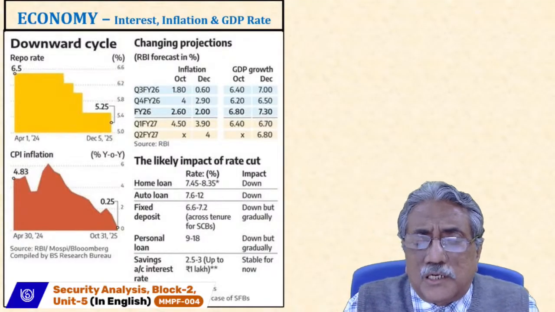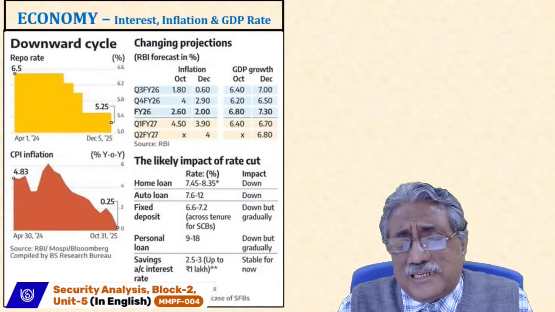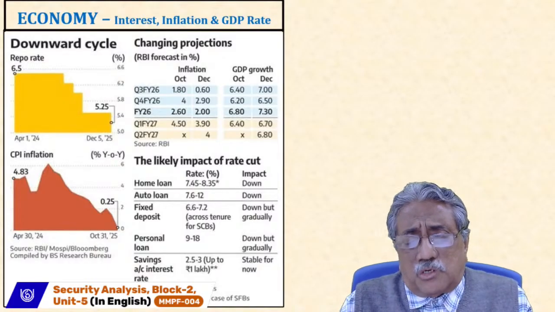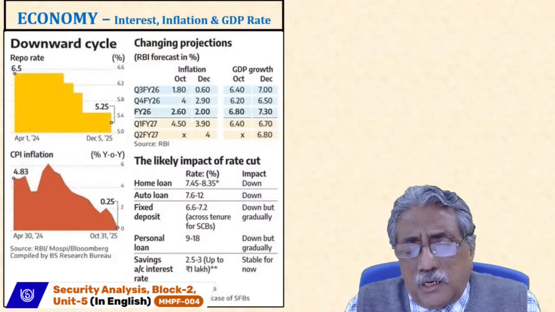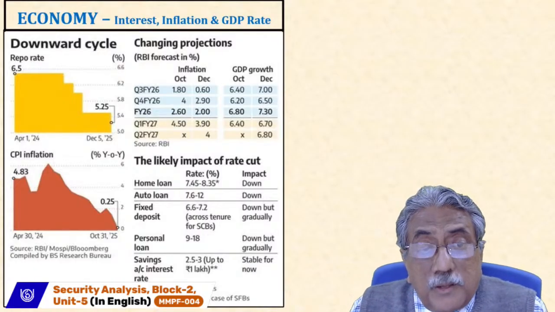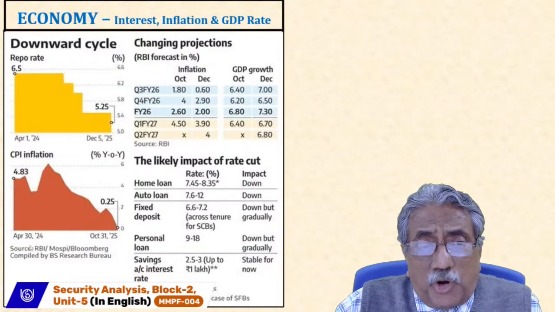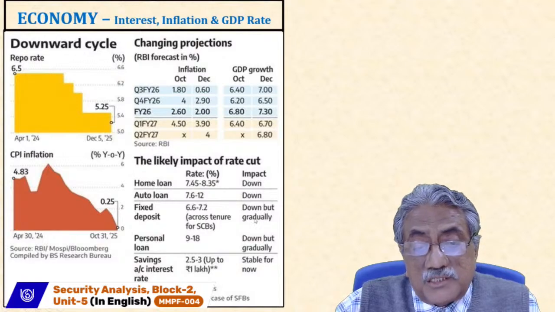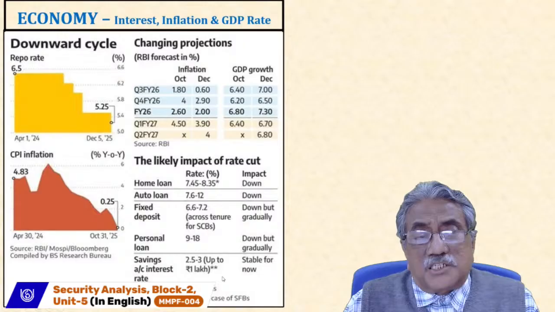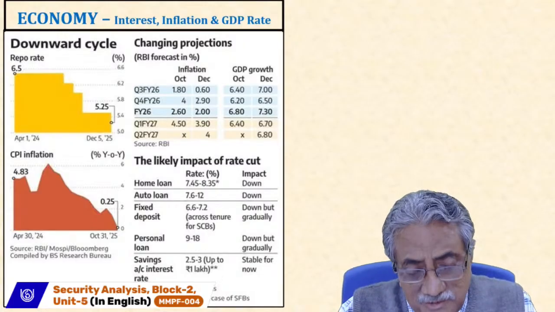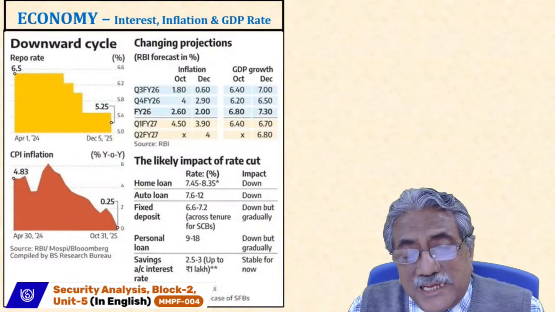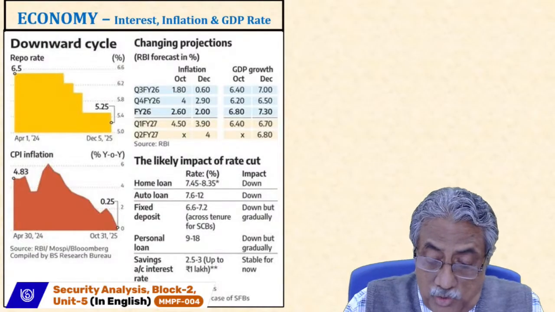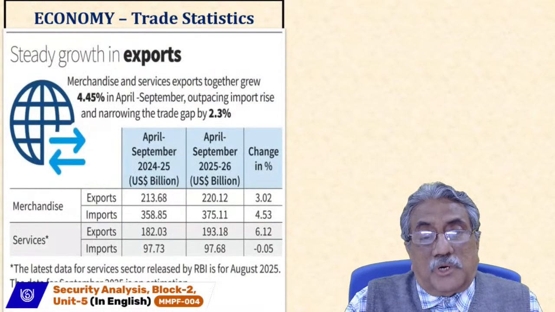And then you should look at the companies or industries or sectors where the government has more focus or which will be beneficial for this economic situation. We are not touching this point, likely impact of rate cut, because there's no point in reading this. So we are just touching on inflation, interest rate, GDP, the overall growth rate, as well as, as I told you in the earlier slide, the export or our trade.